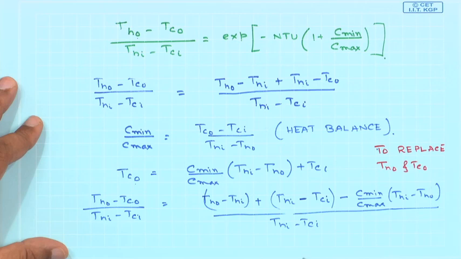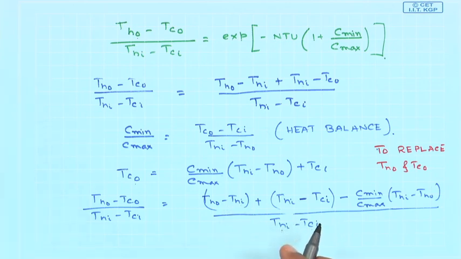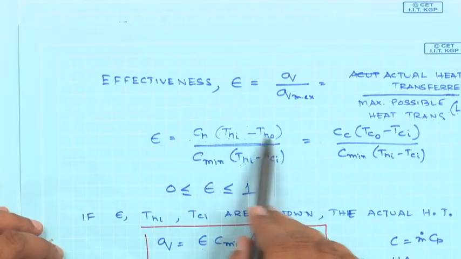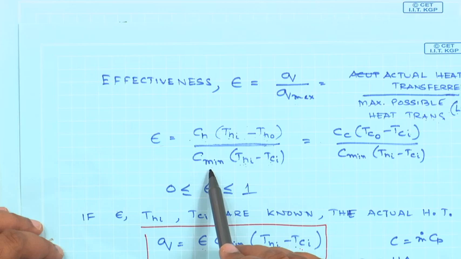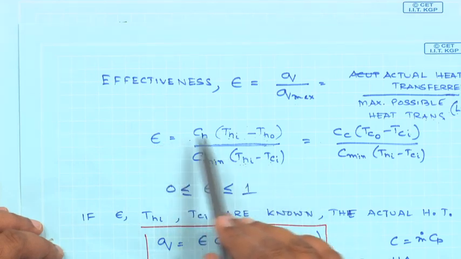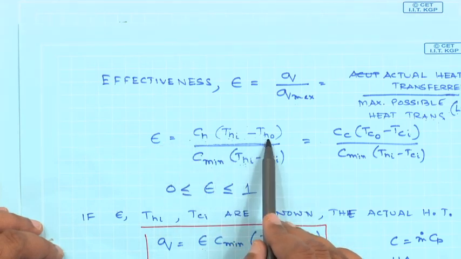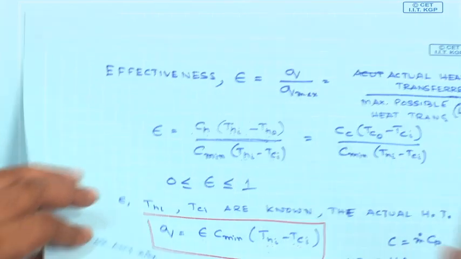Now if you look at the expression THO minus THI by THI minus TCI, this is nothing but minus epsilon, because of the definition of epsilon which we have used so far, and since CH is the C minimum in this case, my epsilon is simply THI minus THO by THI minus TCI.